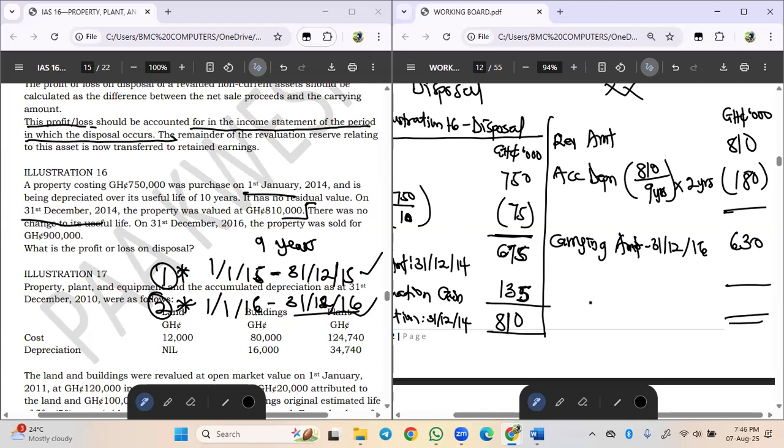Now, the sales proceeds, what we earned after disposing of the asset, was what? 900. So please, what is the profit on this sale? 270.